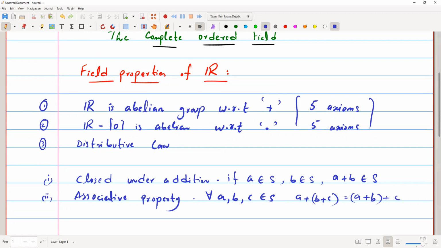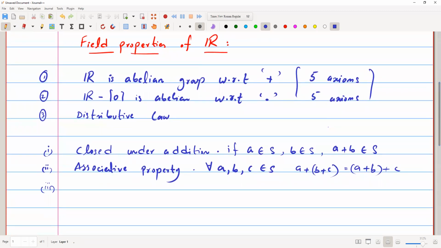Number 3, we have the existence of the identity element. In the case of real numbers, we have 0 as the identity with respect to addition.